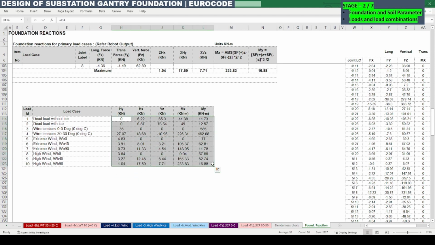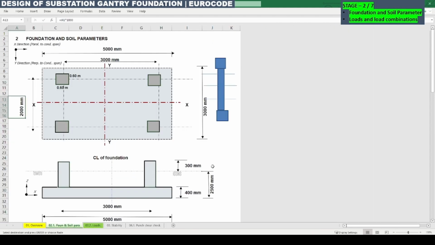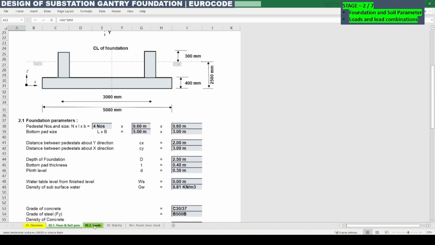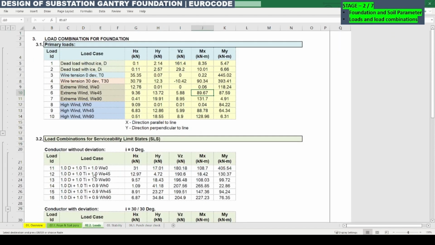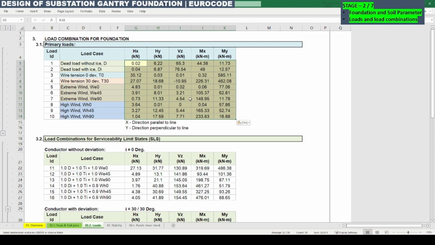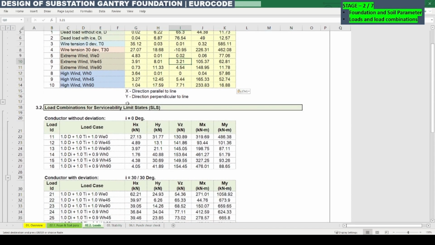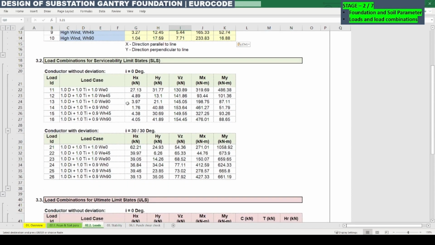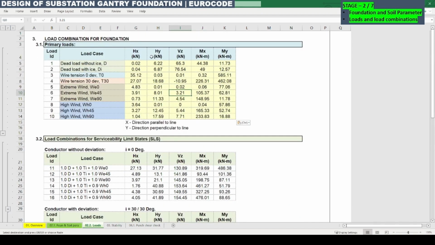So we need to just copy this and open the load tab in the foundation design Excel and paste here. So now the primary load cases for the foundation are arrived.